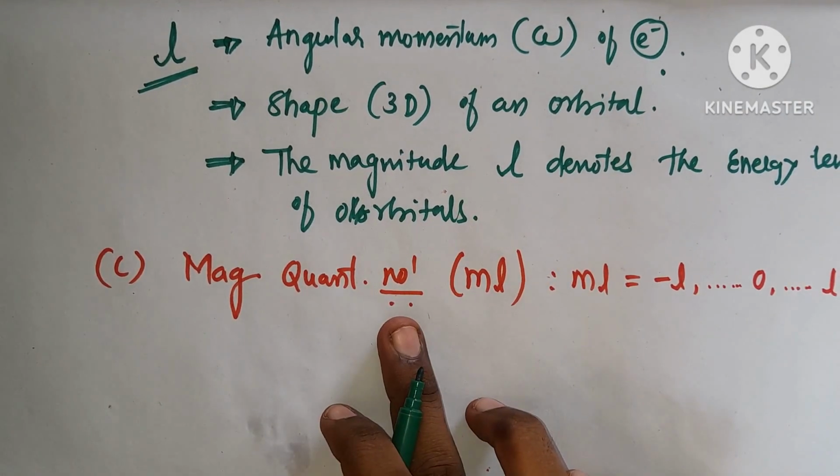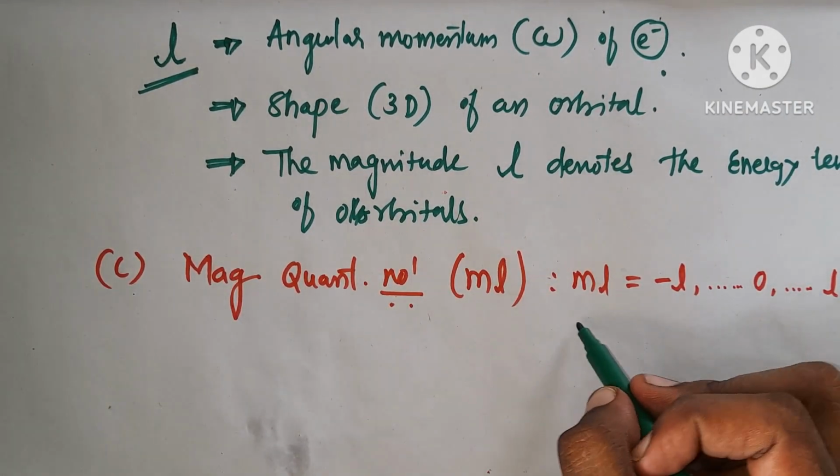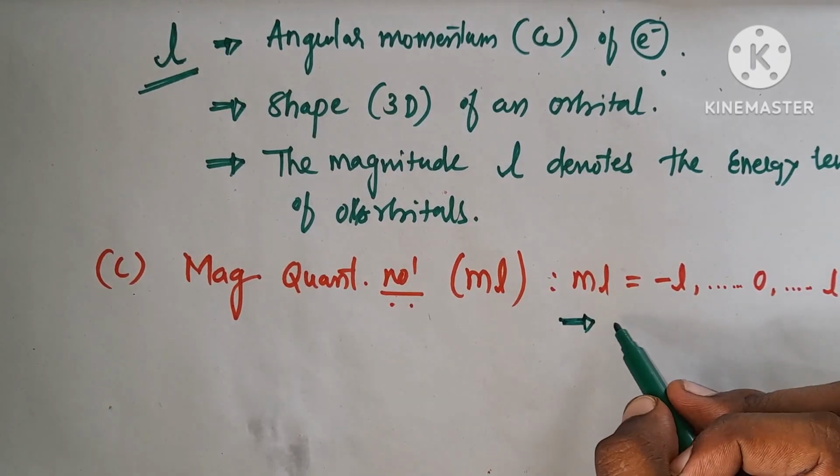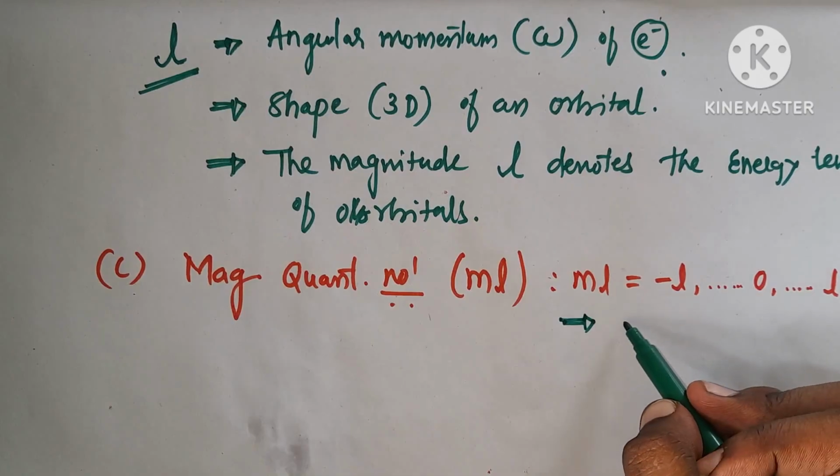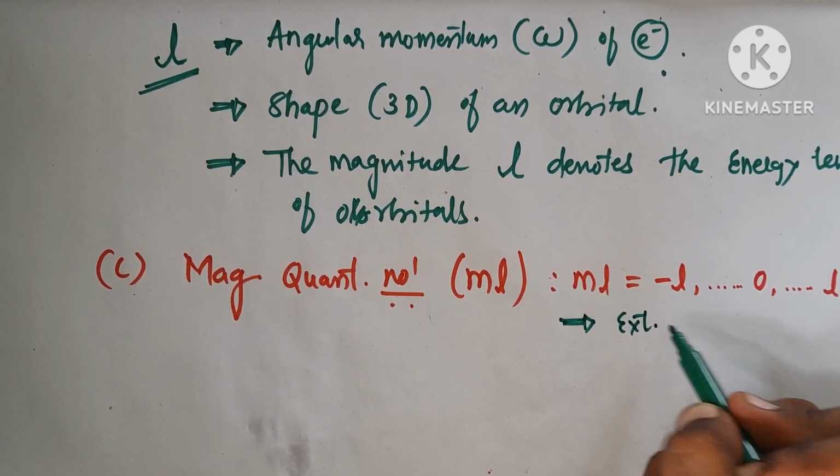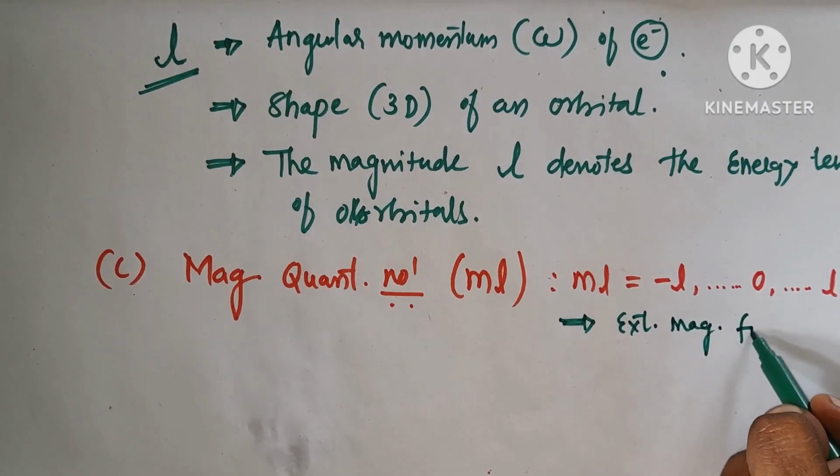These magnetic quantum numbers are given because the value of m was found affecting when the experiments were conducted under an external magnetic field.